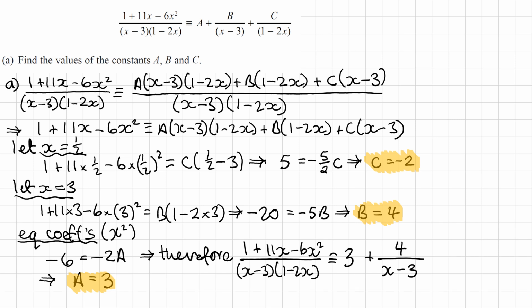Then C is negative 2, so minus 2 over 1 - 2x. So this is just good practice to leave your final answer in this form.